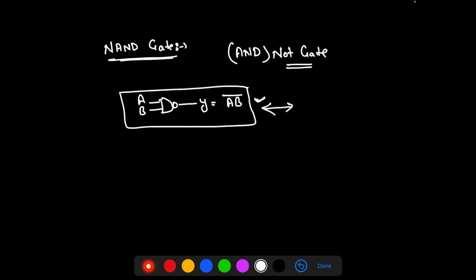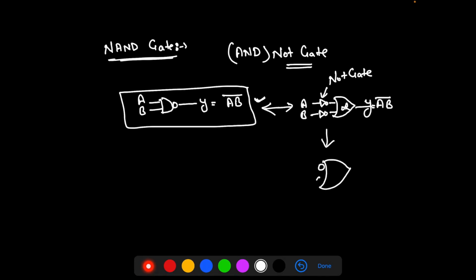Or you can also write this NOT gate differently, because with the help of this NOT gate and this OR gate, our expression will be the same, only A and B. So this circuit we can also draw like this: A, B, OR, and y equal to (AB) bar, and this circuit we call a bubbled OR gate.